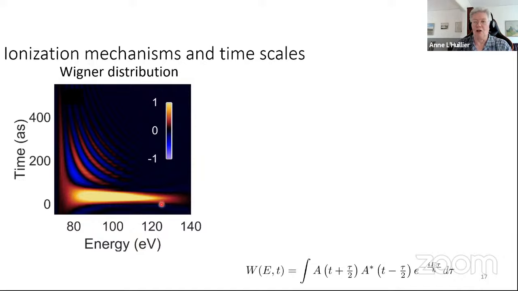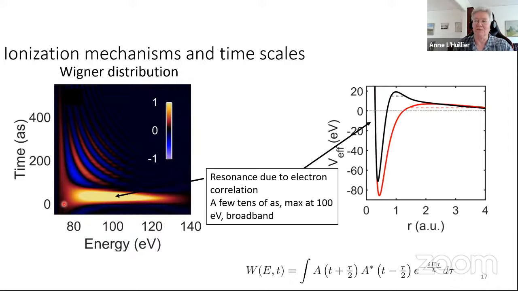What you see in this Wigner representation are obviously two features. First of all, a very broad feature in this energy region, which corresponds to this giant dipole resonance, which I mentioned previously. This feature has a duration of a few tenths of attosecond and a very broad bandwidth of 50 electron volts.